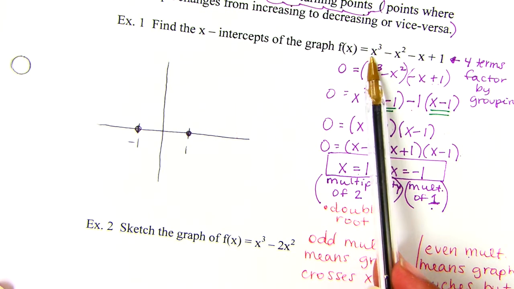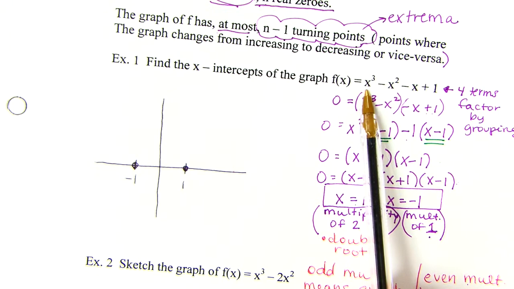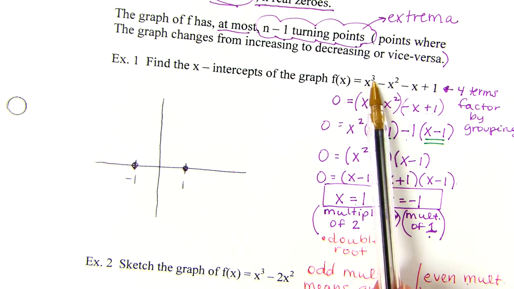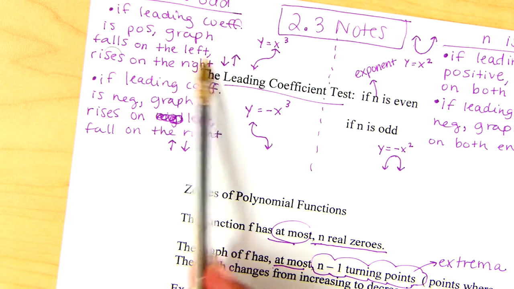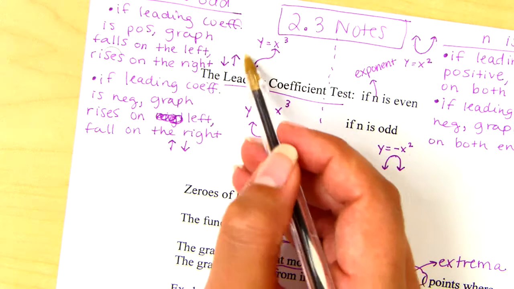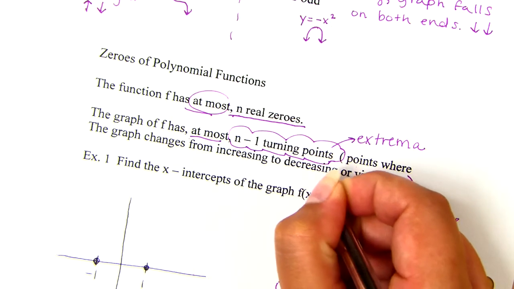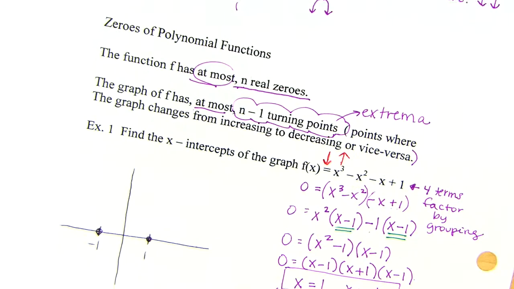What is the end behavior of this graph? So using our leading coefficient test, I have positive odd. So positive odd falls on the left and rises on the right. So this will be my end behavior. So I'm going to fall on the left and rise on the right.